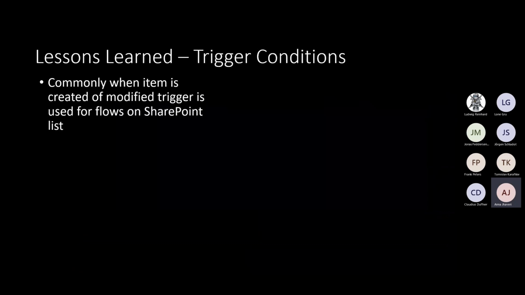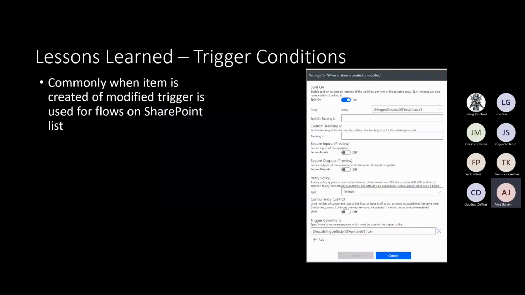Then the trigger conditions. The trigger conditions have been really helpful to us while implementing the approvals. One of the best things it does is save you flow runs, so that your flow does not trigger when you don't want it to be triggered. That is really good. It also helps in terms of licensing.